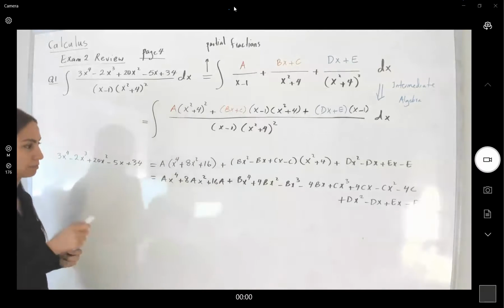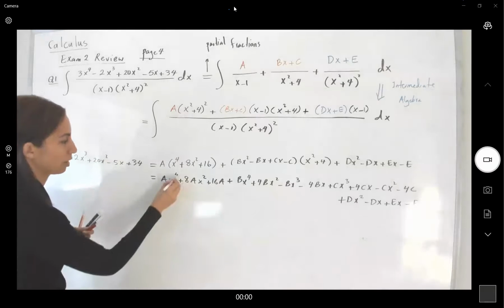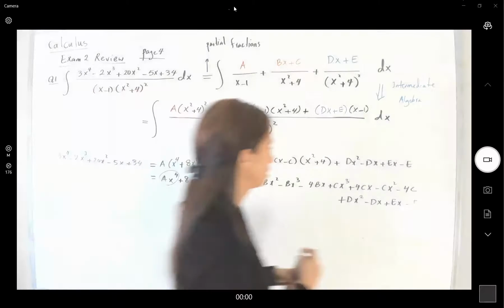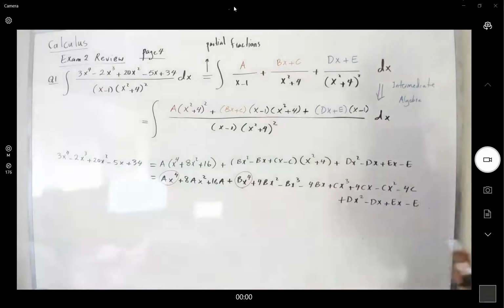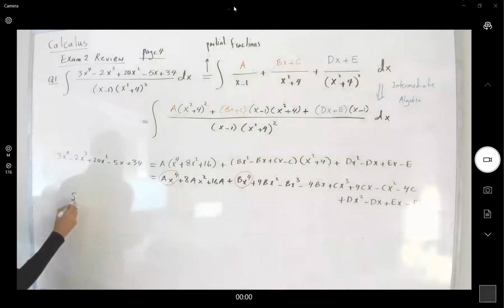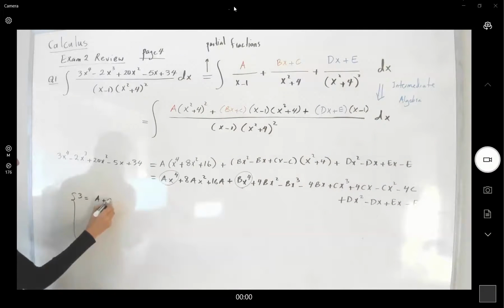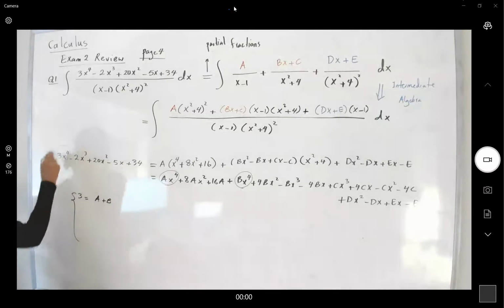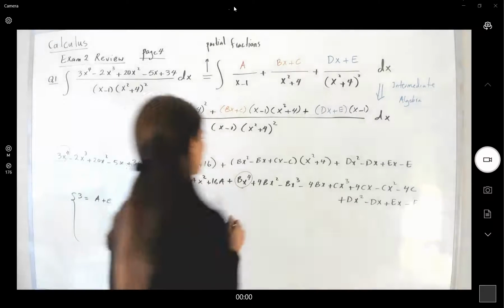So let's see. x to the 4th, x to the 4th. Do we have anything else? No. So 3 is equal to A plus B. Left-hand side and right-hand side are equal to each other.